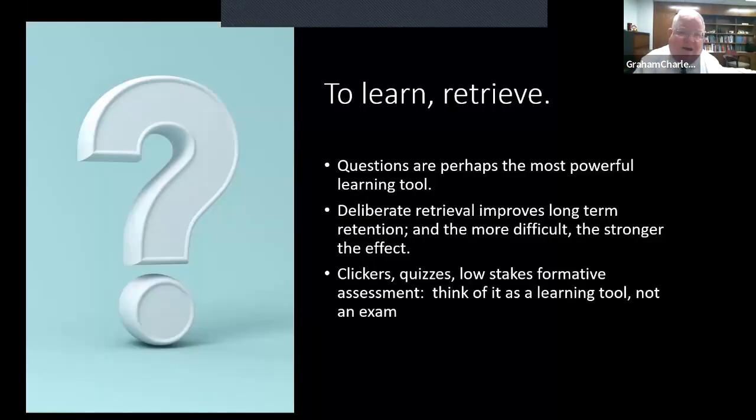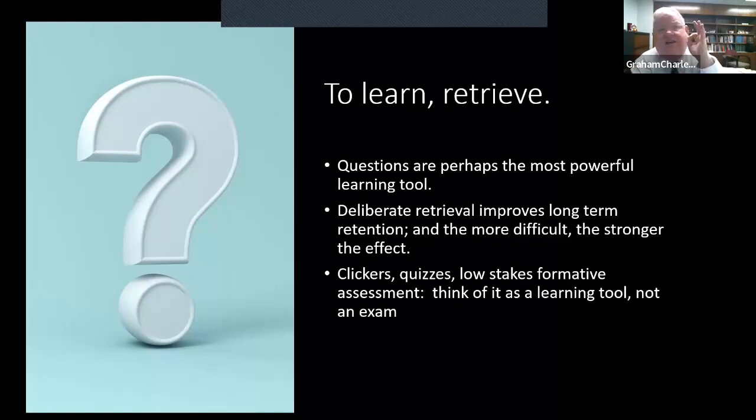So let me talk about some of the techniques that are important to use in an active learning curriculum or course of study or program. And the first is this idea: to learn, you should retrieve. And so it is, again, what one of you said in the chat at the very beginning. It's question-based learning.